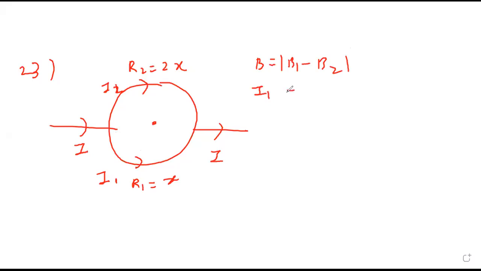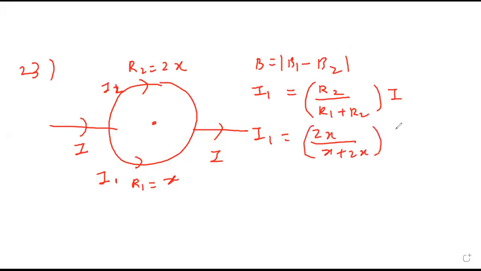Current formula, if you recollect, for I1 is R2 upon R1 plus R2 of total current. Therefore 2x upon x plus 2x into I, which becomes 2 by 3 I. So I2 will become 1/3 of I.